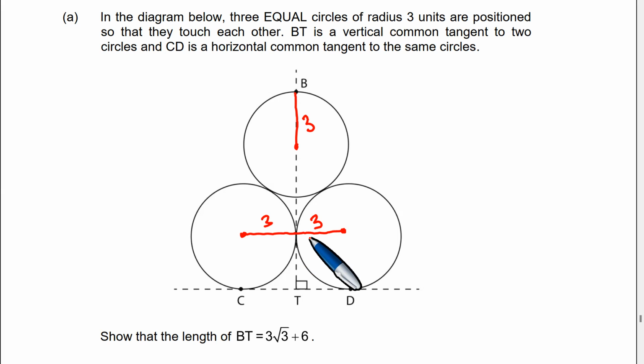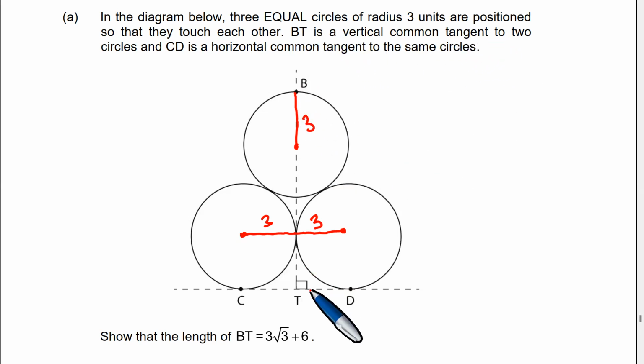Okay, we have this picture. In the diagram below, 3 equal circles of radius 3 units are positioned so that they touch each other. BT is a vertical common tangent.